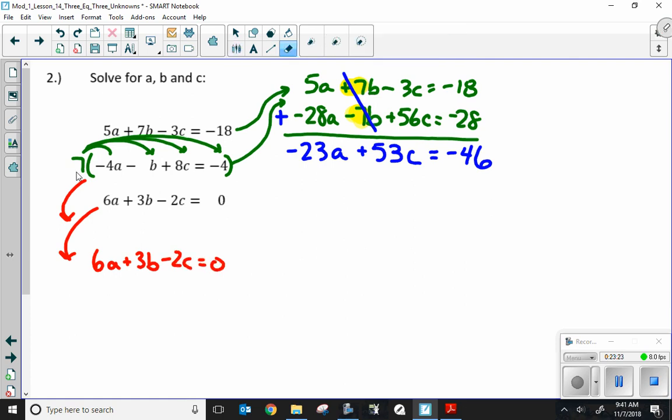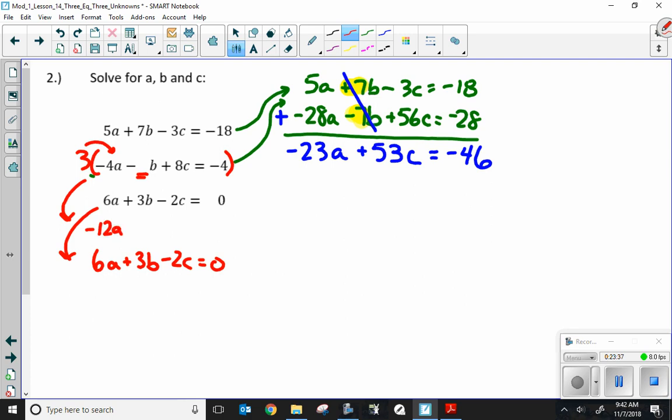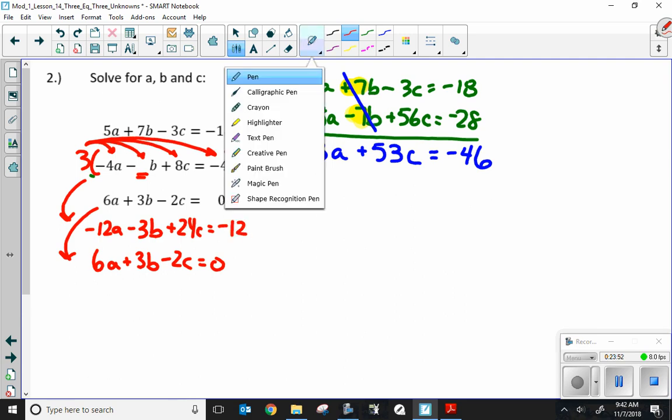Now, in order for me to get rid of my b's, I want to be a 3b here. So I'm going to multiply this whole thing by 3 now. Minus 12a minus 3b plus 24c equals negative 12. Now look at my b values.